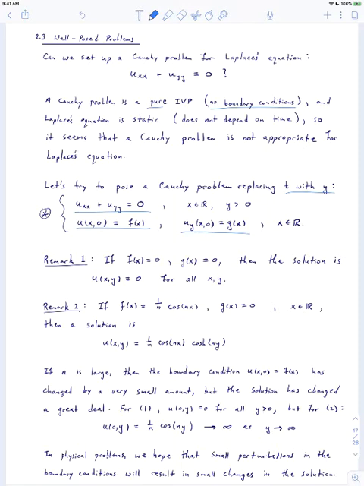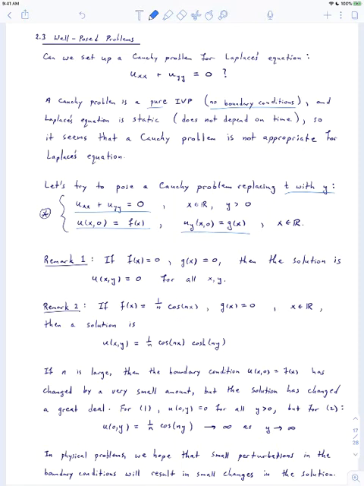This problem that we've set up has certain difficulties, and let's look at a couple of remarks to make those difficulties apparent. Let's start with what we're calling remark 1. We start with f and g being equal to the 0 functions, constantly 0 for all x.